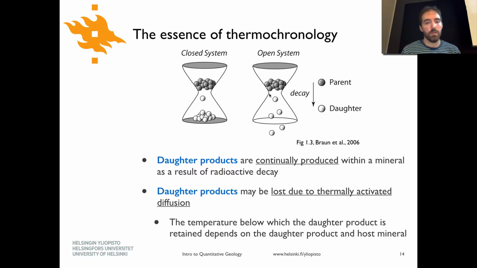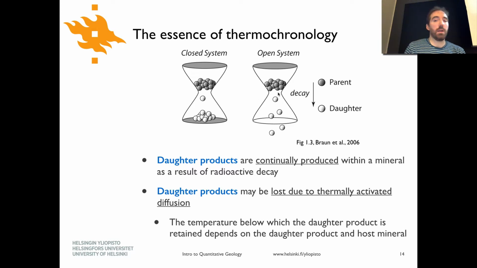So if you have something like a helium alpha particle, so a helium nucleus that's produced by alpha decay from uranium or thorium, it's a very small atom and doesn't tend to occupy places within the crystal lattice, but rather gets placed somewhere within the crystal. And as a result, at high temperatures, the helium can diffuse out of the crystal, and it can be lost to the environment surrounding the crystal.